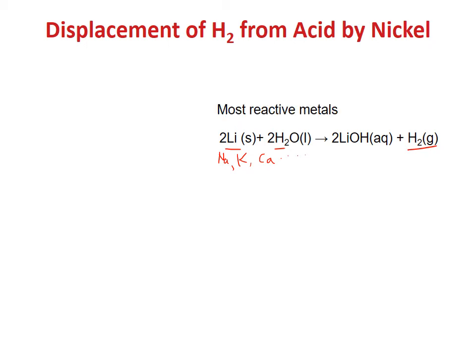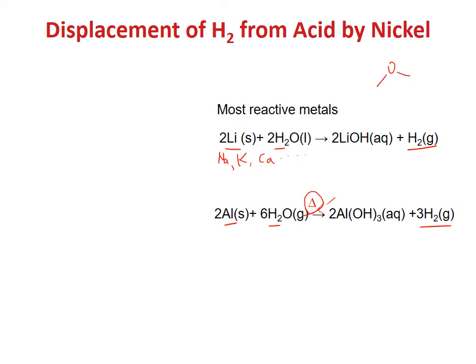Now there are other metals that can do a similar reaction but must be under heat. For example, aluminum can displace a hydrogen from water to form hydrogen gas, but you must provide heat. And this is because water molecules have bonds. To displace a hydrogen, these bonds must break, so you need energy.